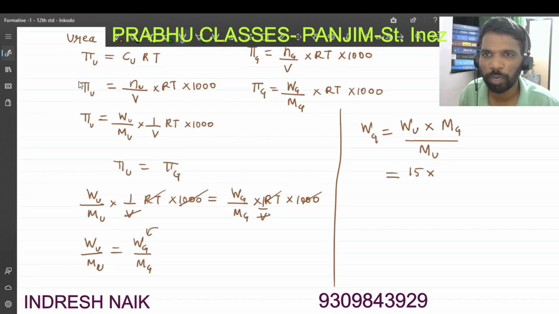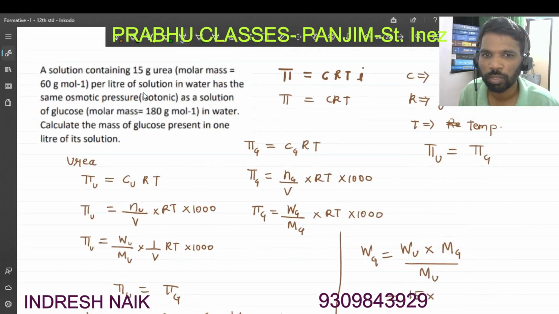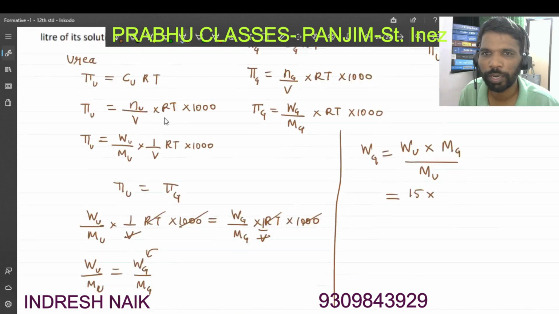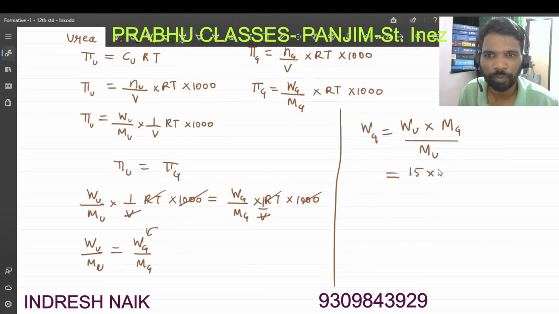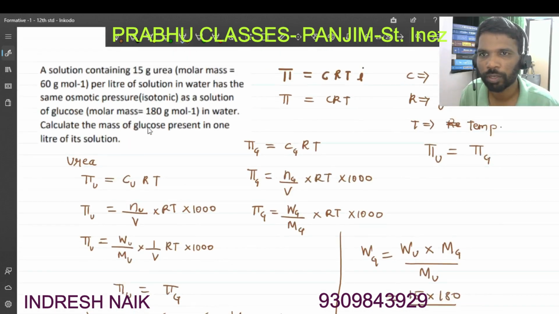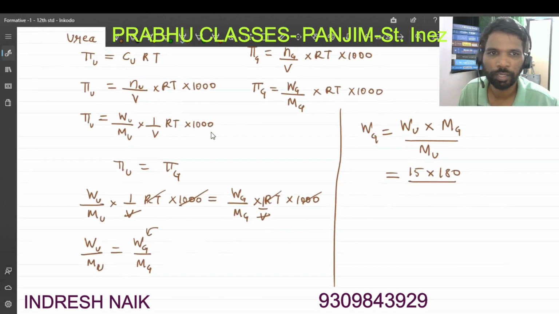What is the molar mass of glucose? It is 180. And what is the molar mass of urea? It is 60. 6 threes are 18. So the weight of glucose is 45 grams, and that's it.